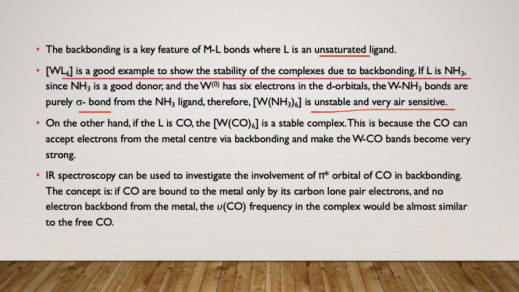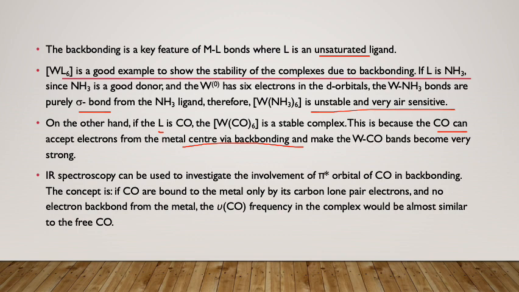On the other hand, if the L used for the complex is carbonyl, with C double bond O and the extra pi bond, it causes the complex to become stable because CO can accept electrons from the metal center via back bonding, and thus makes the tungsten-CO bonds strong.